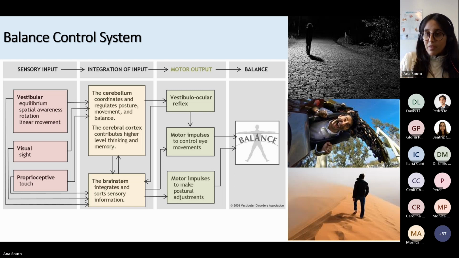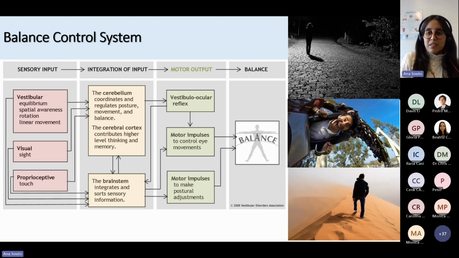So this is important because it allows us to predict context-specific instability, in which an individual is at risk of falling or losing balance.